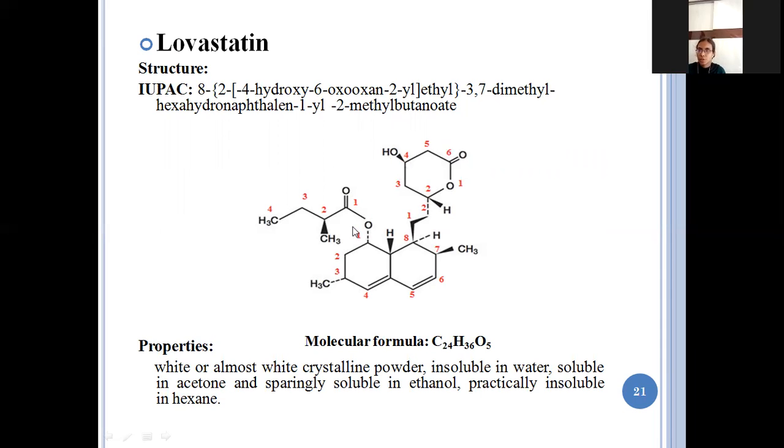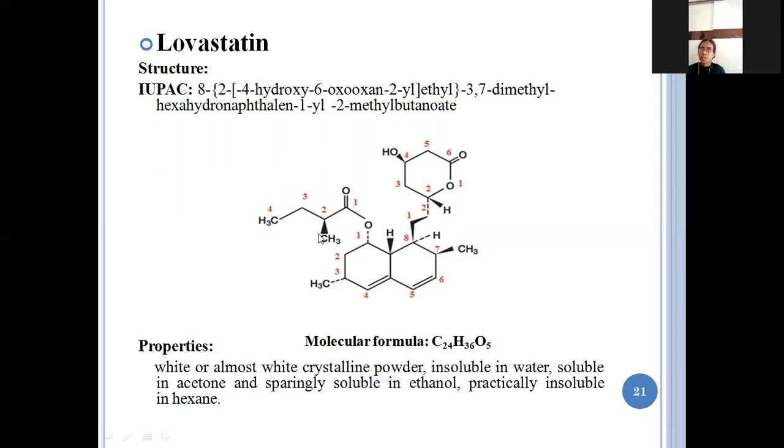Here in the first position of the naphthalene, 4 carbon atoms are there, and in the second position, methyl is there. So it is 2-methylbutanoate.